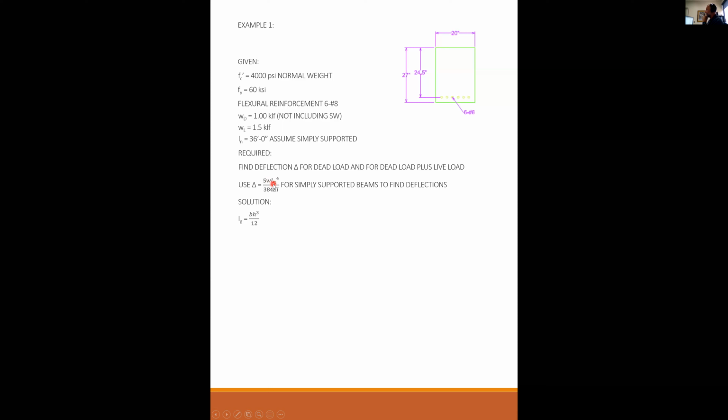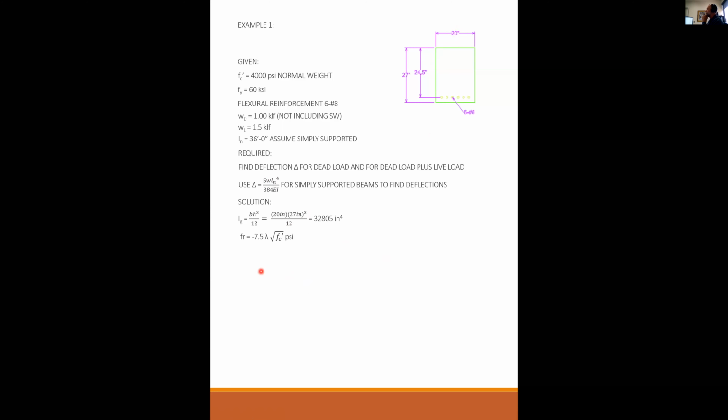We have the loads, we have the span. So the gross moment of inertia is BH cubed over 12, or 20 times 27 to the 3rd over 12, the width and the height, which gives me 32,805 inches to the 4th for my gross moment of inertia.